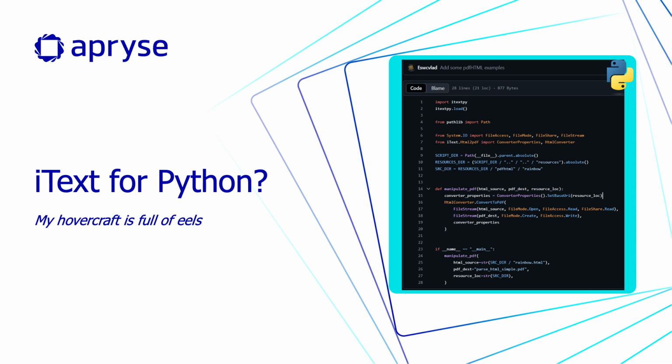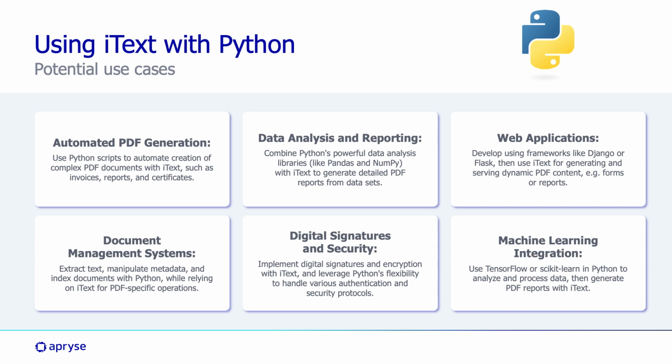Of course, there are a lot of use cases. Why would you want to use iText with Python? Well, automated PDF generation is our bread and butter. But Python is used a lot for data analysis, machine learning, signal processing, so you can use iText there to generate reports as you crunch all those numbers.